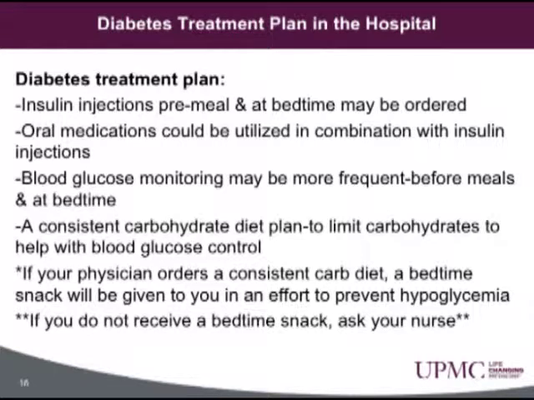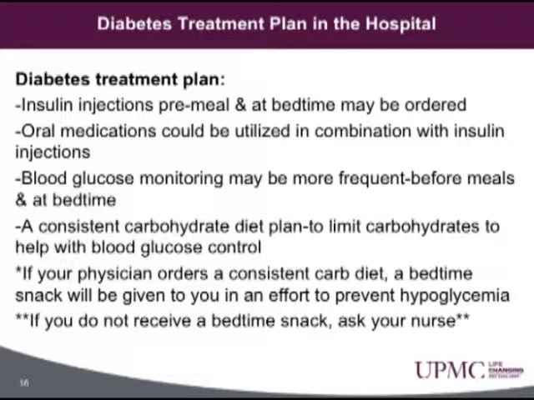Some more on the diabetes treatment plan in the hospital. Insulin injections, we use them before meals and at bedtime. These may be ordered. We said oral medications could continue to be used, and sometimes in combination with insulin injections. Blood glucose monitoring, we may do this more frequently. A lot of times we do it before meals and at bedtime as well. And then a consistent carbohydrate diet plan is oftentimes instituted in the hospital.